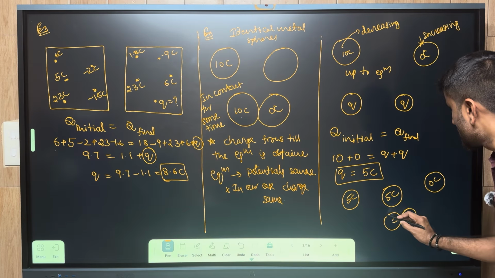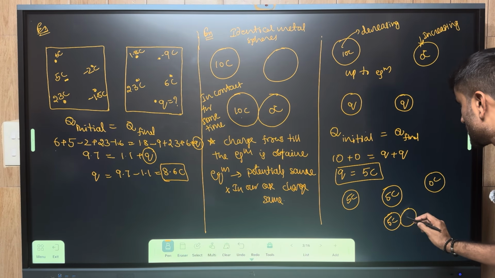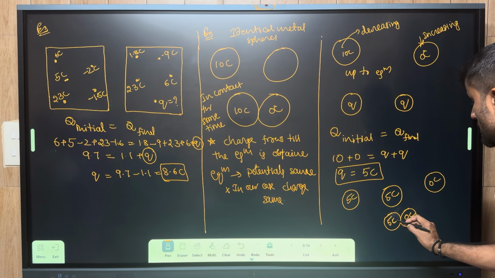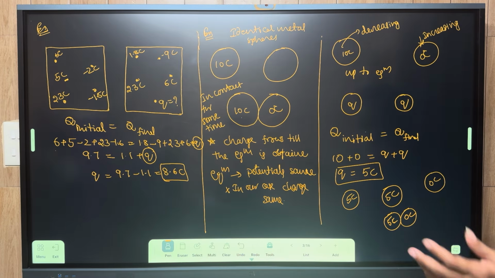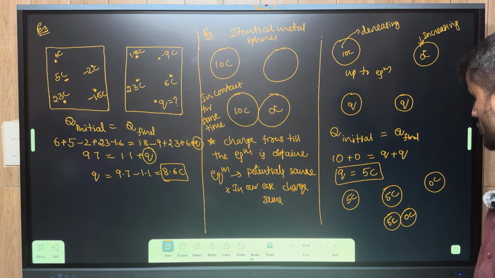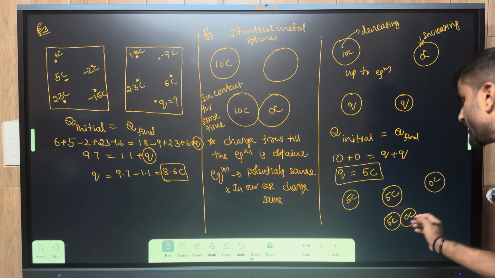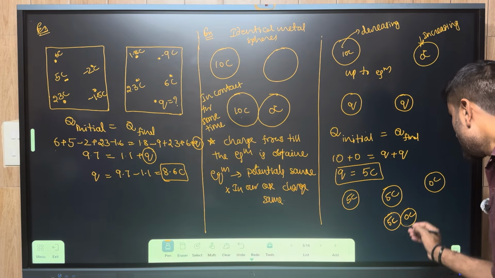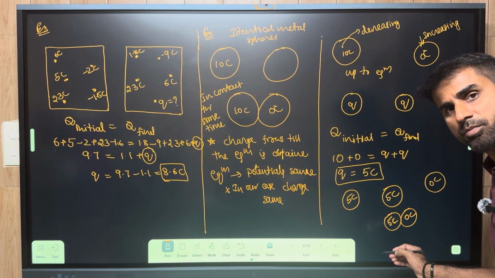Now charge flows from high charge body to low charge body, higher potential to lower potential. Then what happens? Then again equilibrium is obtained after some time.